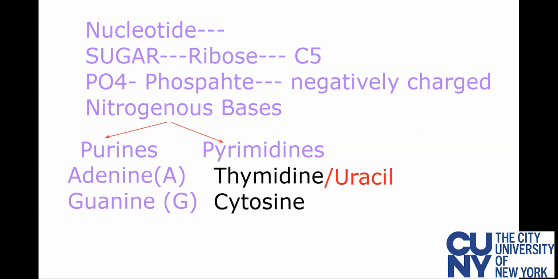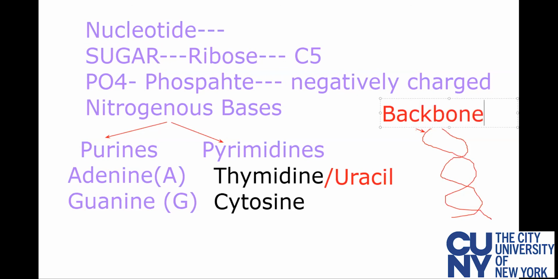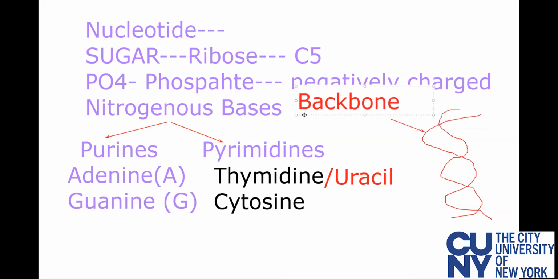Now we all know that DNA is a double helix structure. This ribbon-shaped structure, the ladder or ribbon, is called the backbone of DNA. And what is the backbone made up of?